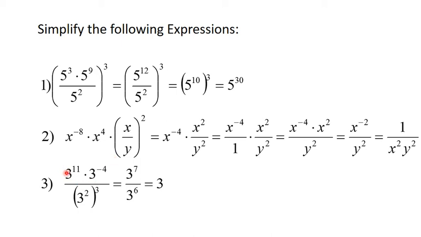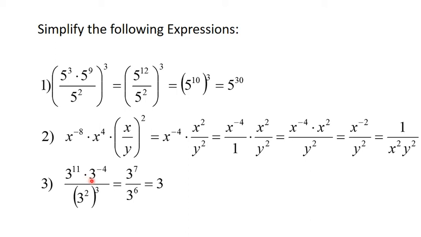For the last example, we have 3 to the power of 11 times 3 to the power of negative 4 over 3 squared, everything to the power of 3. So let's begin by simplifying the numerator.